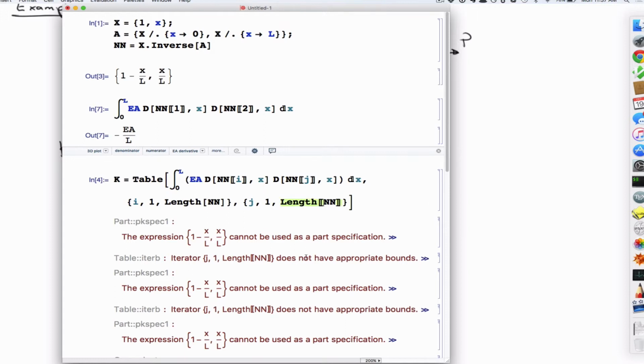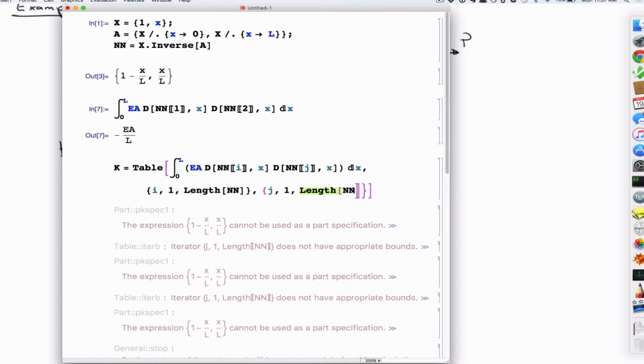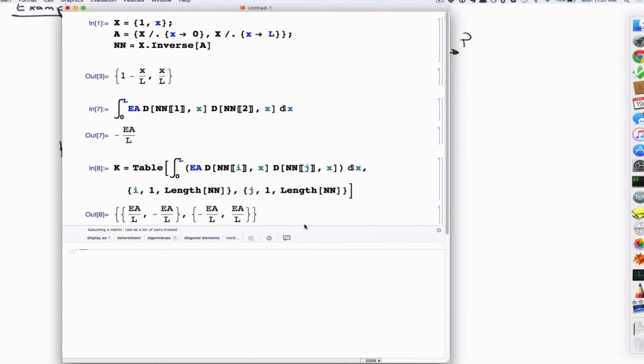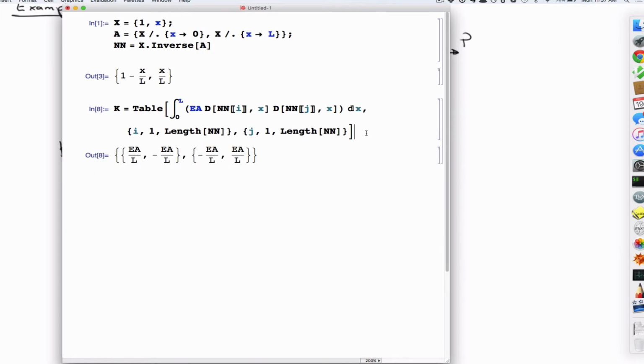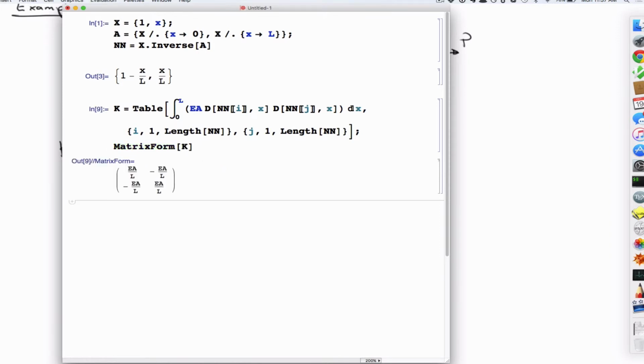Oh, I had a typo right there. Okay, so in this case, I probably could have worked it faster by hand. But nevertheless, there's our stiffness matrix.